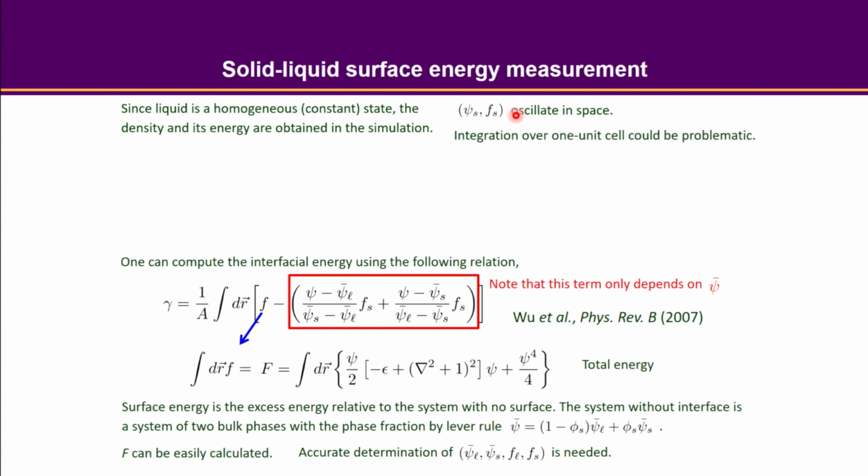But usually, for one unit cell, especially when you have a solid-liquid interface, sometimes the atom will not really sit on your mesh point. So doing that numerical integration could be a problem over one unit cell. So what's a better way to actually get, for example, the solid density and the free energy density?